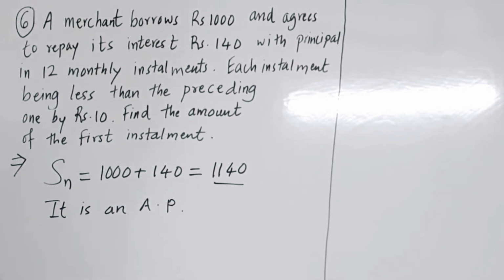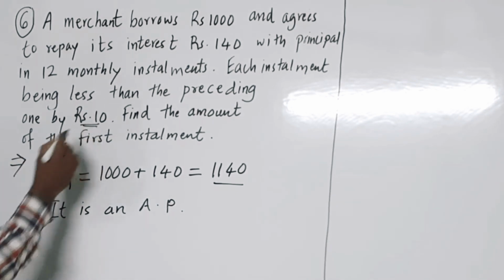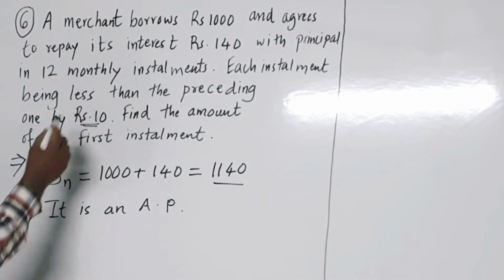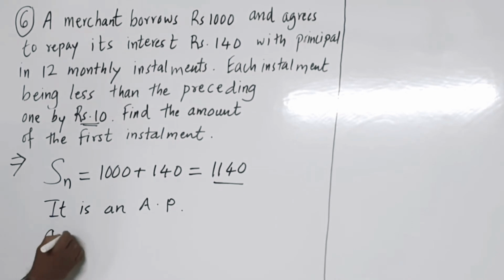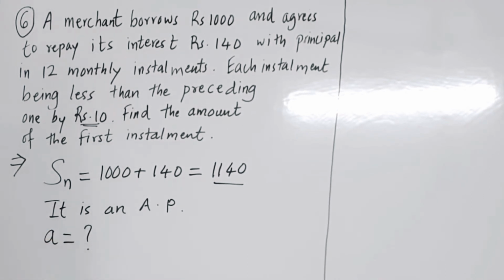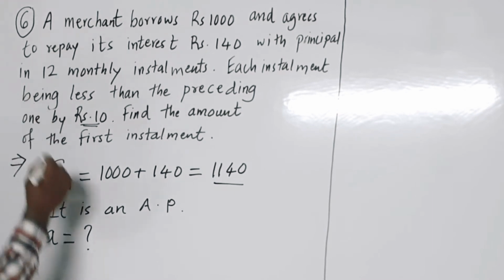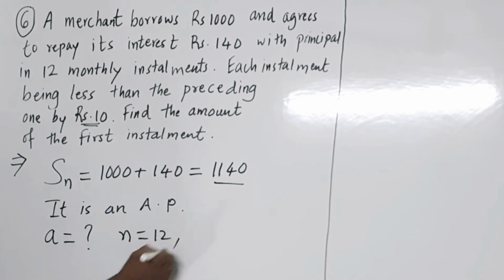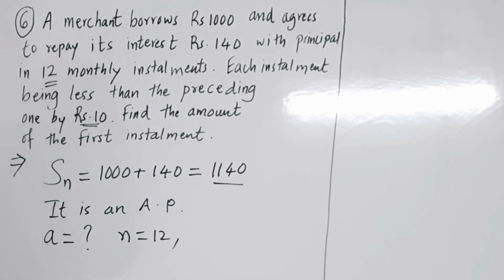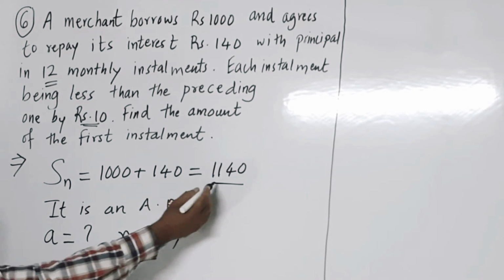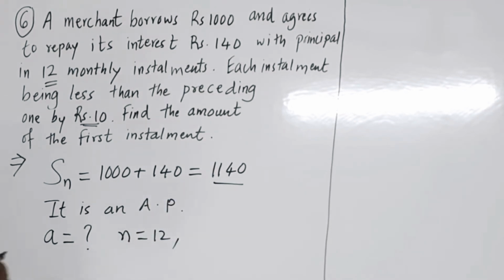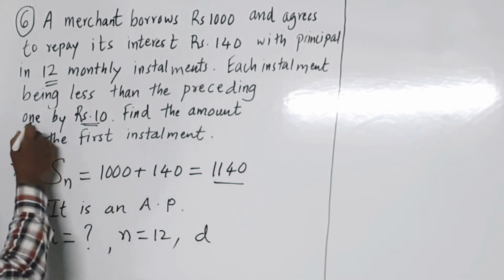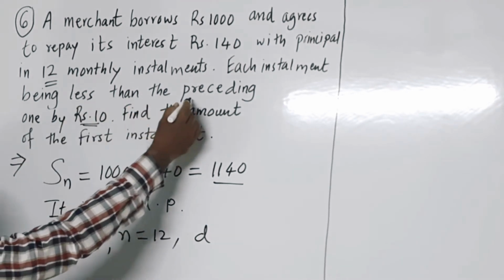Now since the installment is being less by rupees 10 every month, the first installment is a, which we have to find. The total number of installments is n equal to 12, monthly installments.